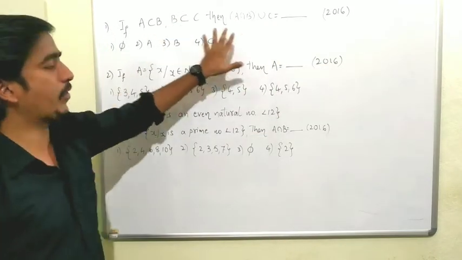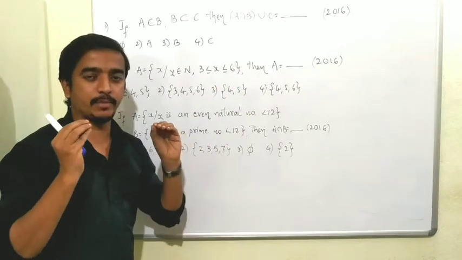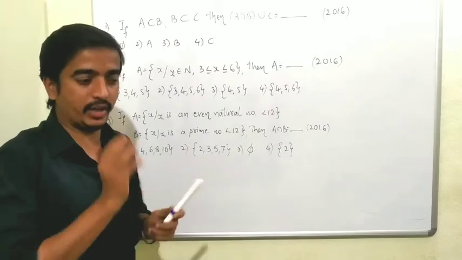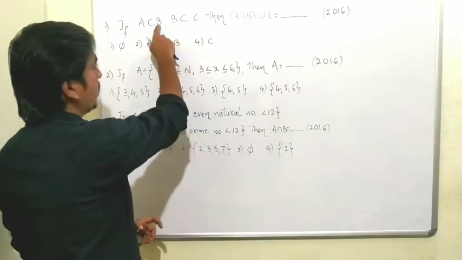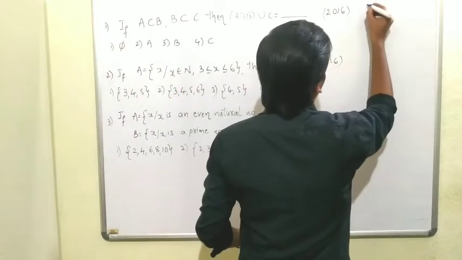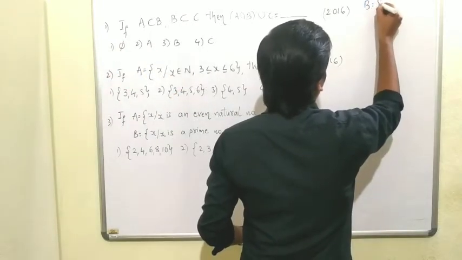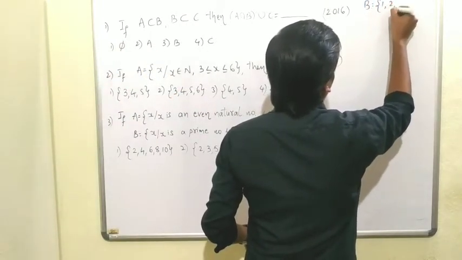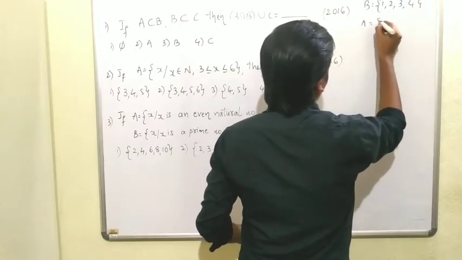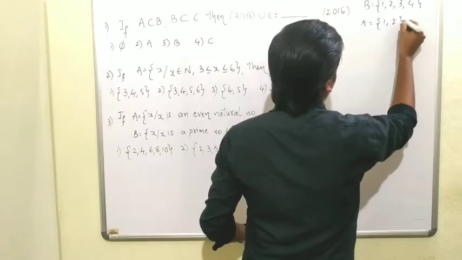For these types of problems, it is better to take some example sets. A is a subset of B, so A is a part of B, and B is the superset. So I am taking B as 1, 2, 3, 4, and A is a part of this set, so I am taking A as 1, 2.